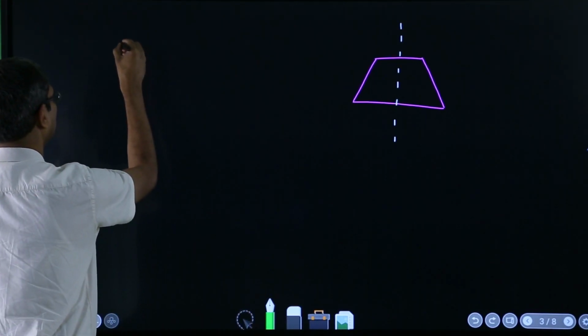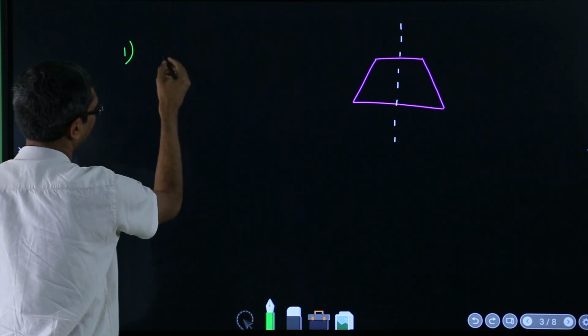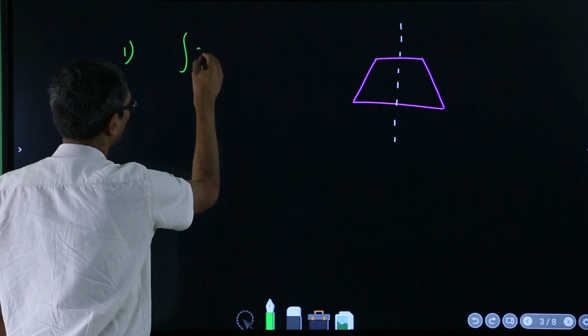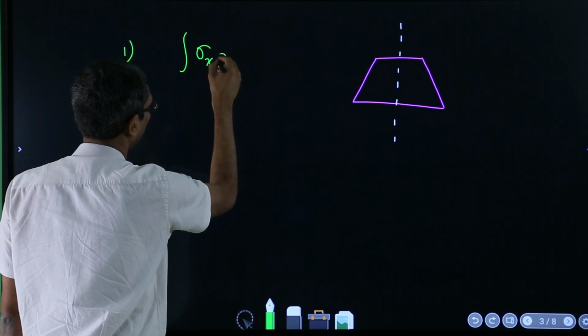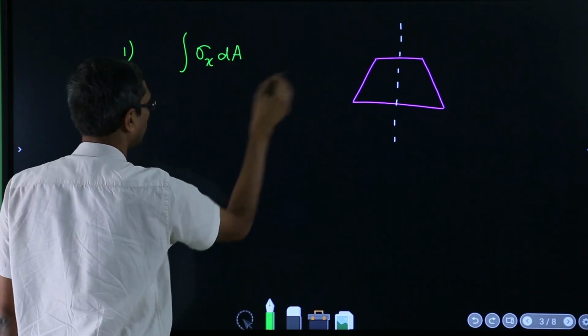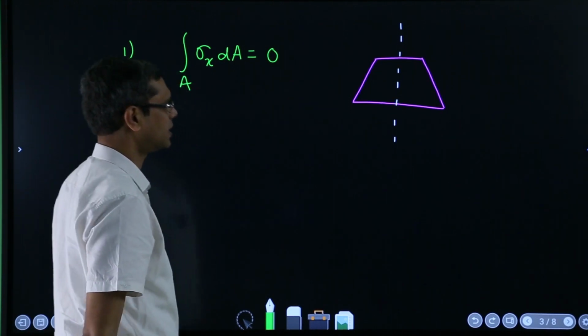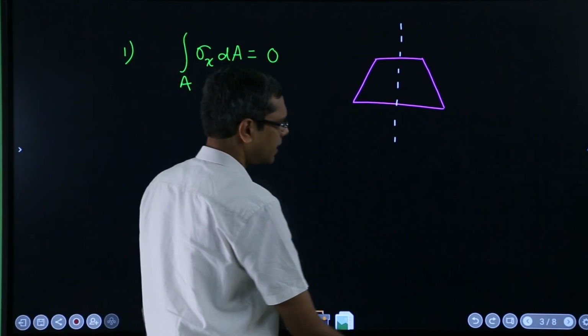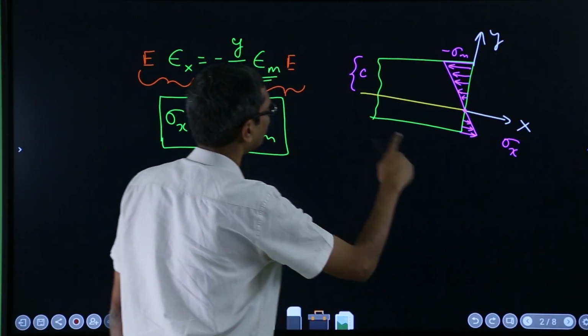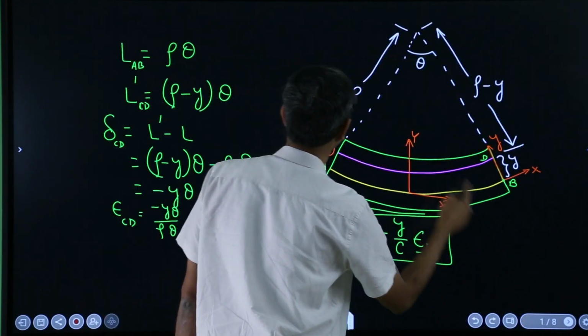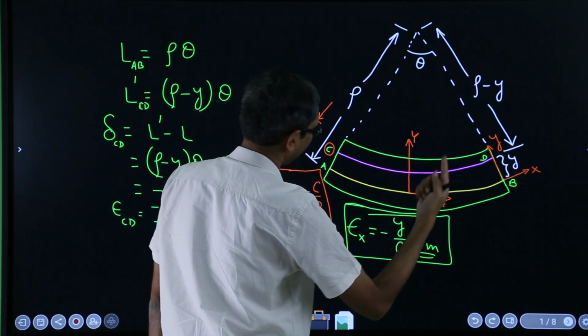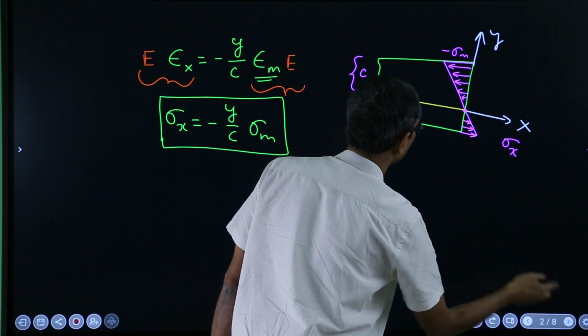The first one is that the integral of sigma x over the full area of the cross section is 0. Now what does it mean? See, in this previous case, let me draw it here again.